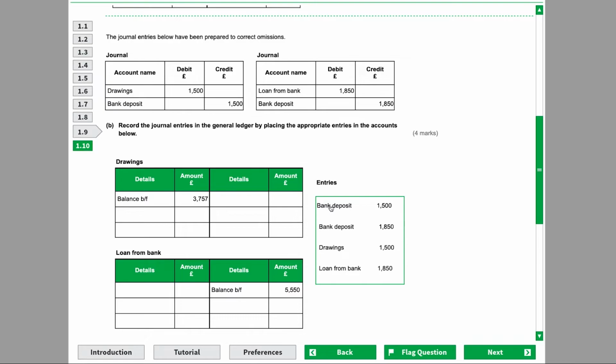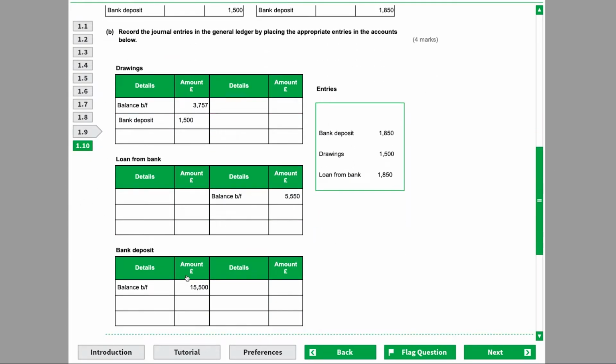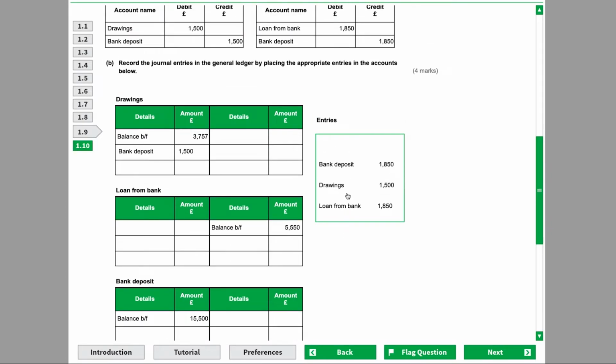So we go to drawings and debit it for £1,500. Then we go to the bank deposit account and select drawings for £1,500 and credit it, because the question tells us to credit the bank deposit for £1,500.